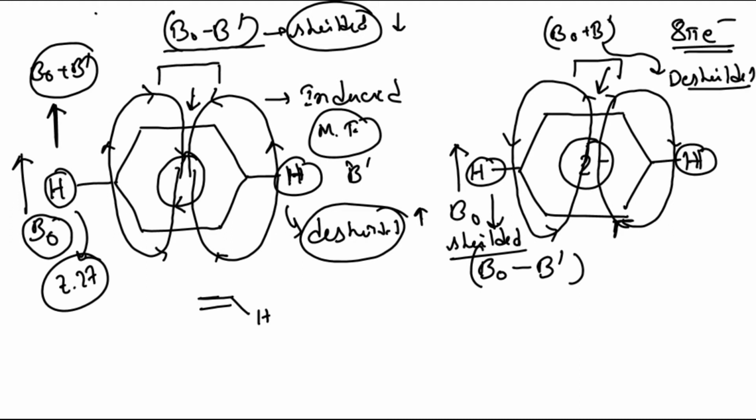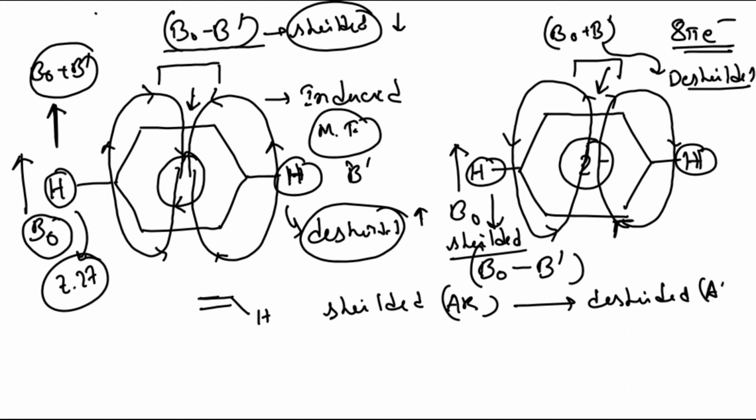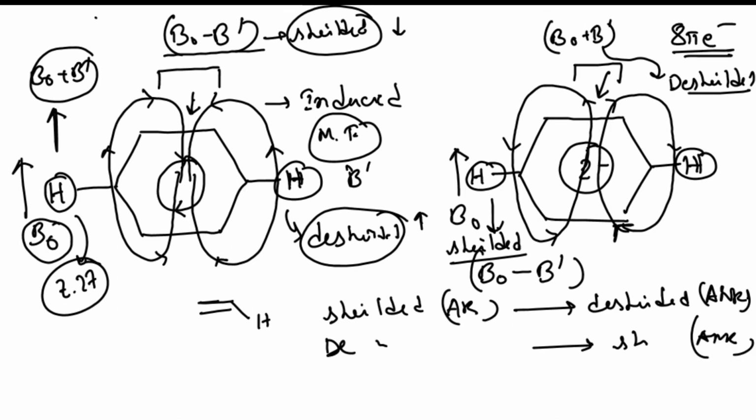Simply put, those protons which are shielded for the aromatic compounds will be deshielded for the anti-aromatic compounds. And vice versa, the deshielded protons of aromatic compounds will be shielded for the anti-aromatic compounds. So for this reason, we get this type of result.